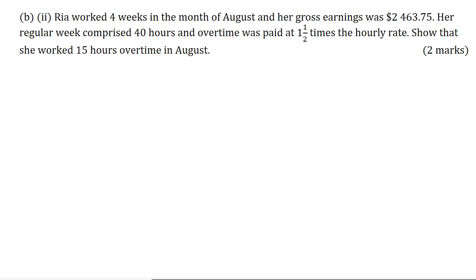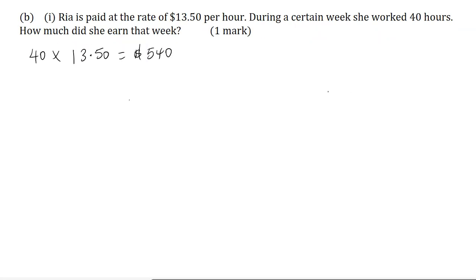Part B2, Ria worked 4 weeks in the month of August and her gross earnings was $2,463.75. Her regular week comprised 40 hours and overtime was paid at 1.5 times the hourly rate. Show that she worked 15 hours overtime in August. So we know here that Ria's regular week is 40 hours, and in part 1 we saw that in 40 hours she will earn $540.